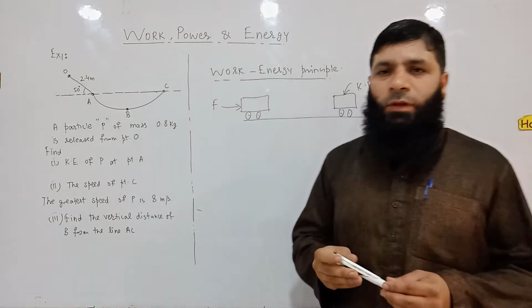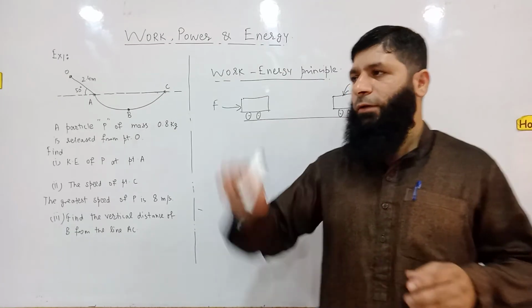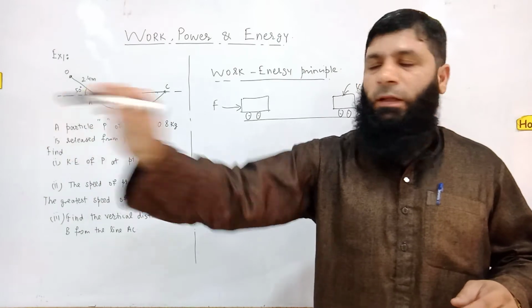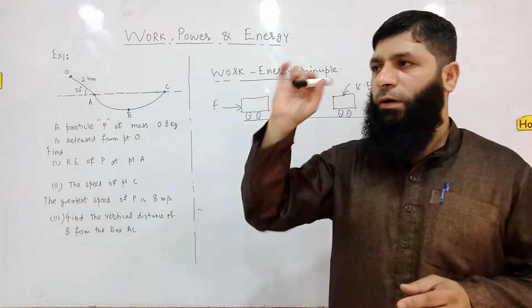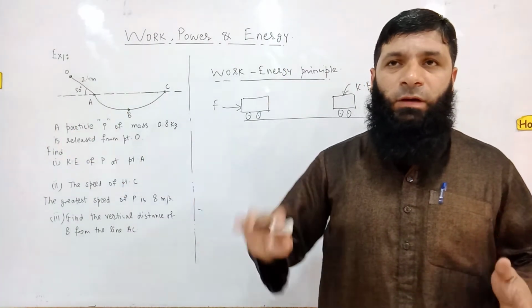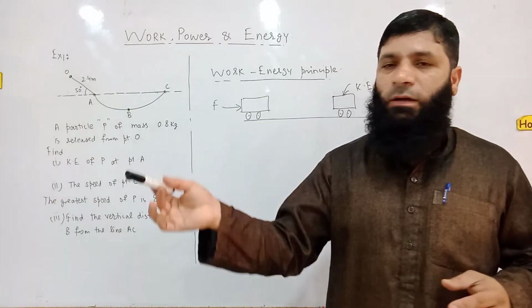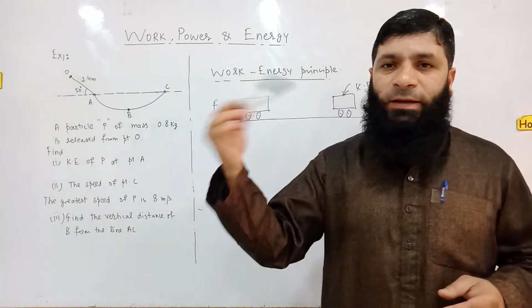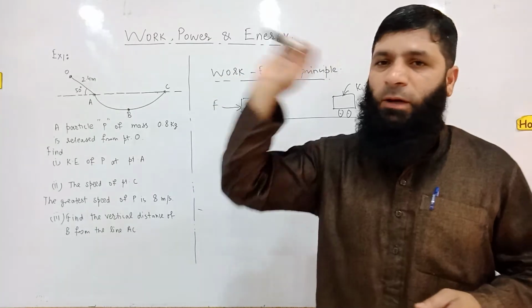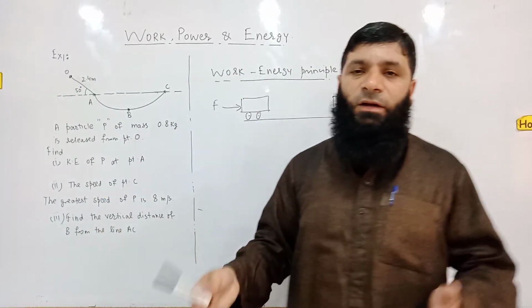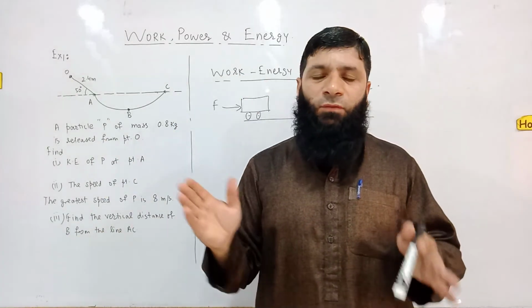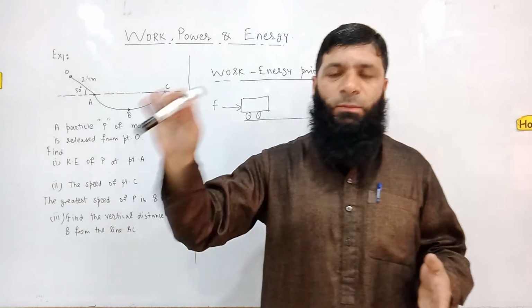If I throw this marker like this, then I am doing work on this marker, and the work that I am doing is converting into its kinetic energy. The kinetic energy in this marker is coming from the work which I have done on this marker.